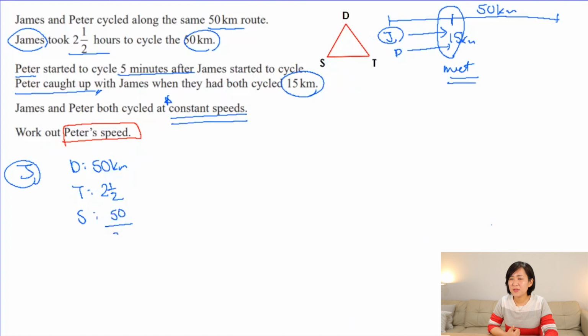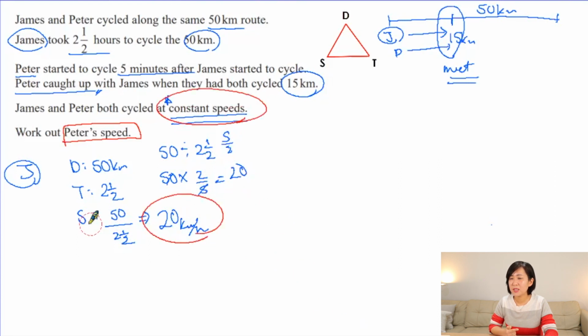So James' speed is 50 divided by 2.5, that is 50 divided by, changing to times and mixed number into improper fraction, and we can see his speed is 20 kilometers per hour. Now we need to focus on this statement. It said constant speed. That means speed is all the time the same. So he always traveled at the same speed.